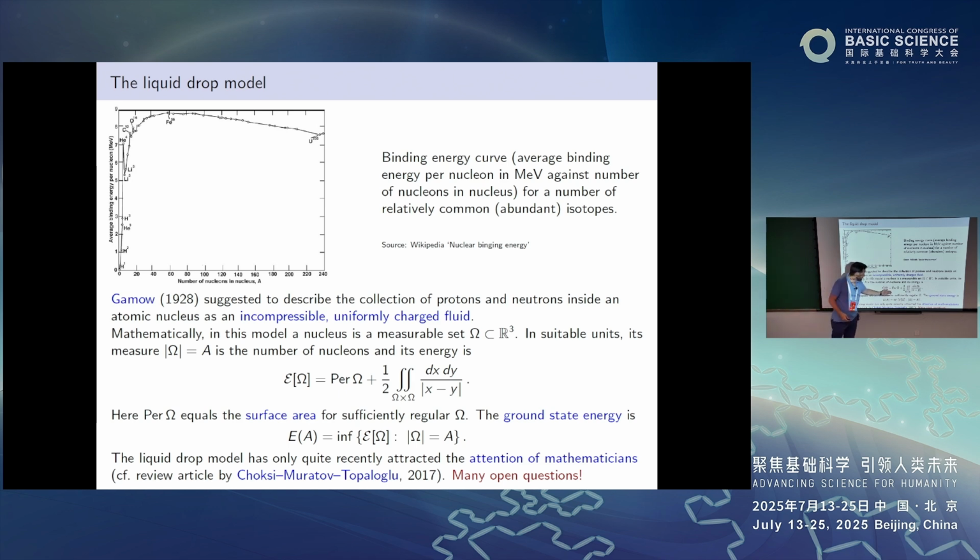Let's minimize this energy functional under a given number of nucleons. Okay, just minimize this functional under measure constraint. And if you want to read about the history, there is a review article, now in 2017, by Choksi, Muratov, and Topaloglu in the Notices of the AMS. And in particular, you see many mathematical questions left over.